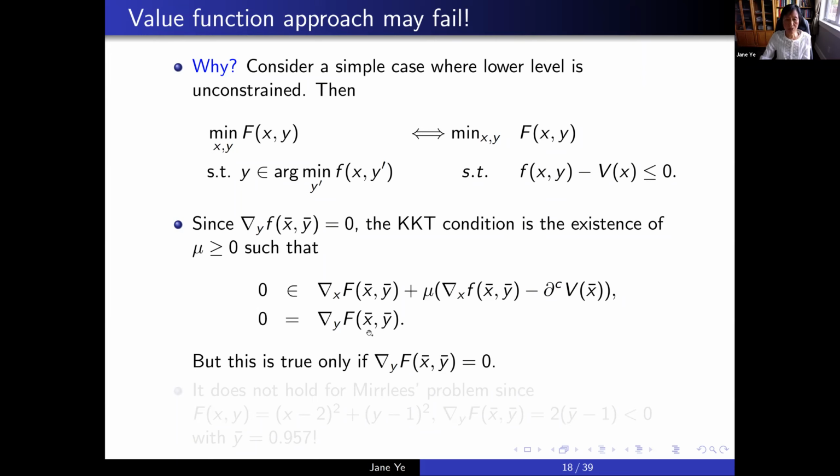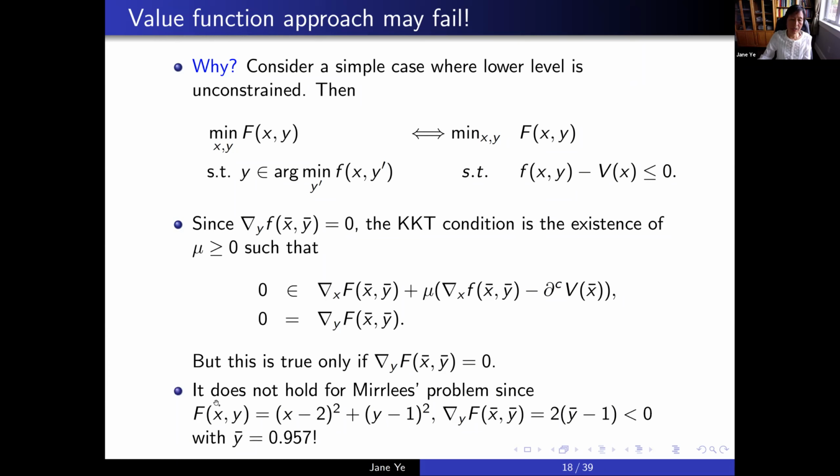But this condition is very strong. At least it does not hold for the Mirrlees problem, because in the Mirrlees problem, f is this function. And then the gradient with respect to y is just 2 times y bar minus 1. And y bar, the optimal solution, is less than 1.